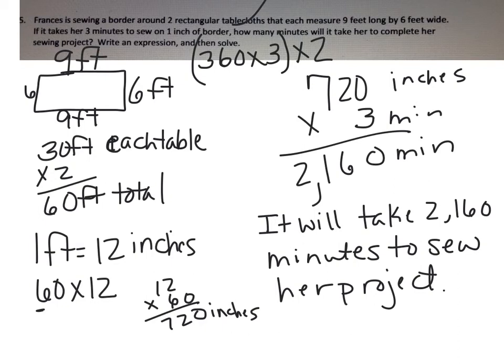I chose to find out the perimeter of both of my tablecloths at the very beginning of my problem. So it works out the same either way. Multiplication is commutative, so we can do that.